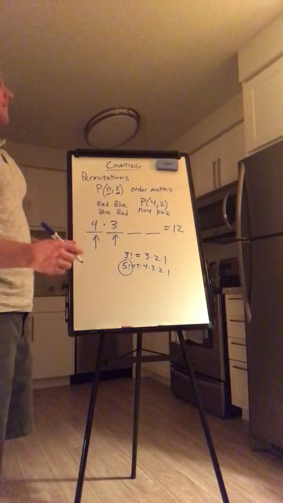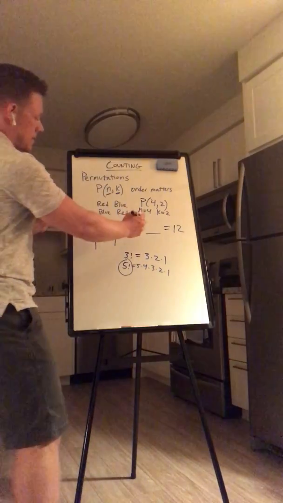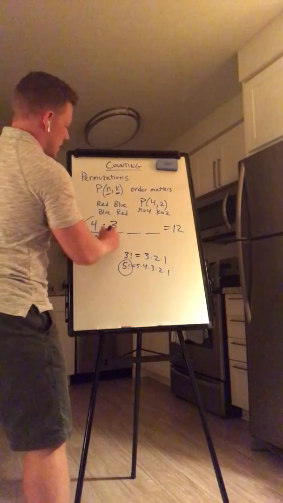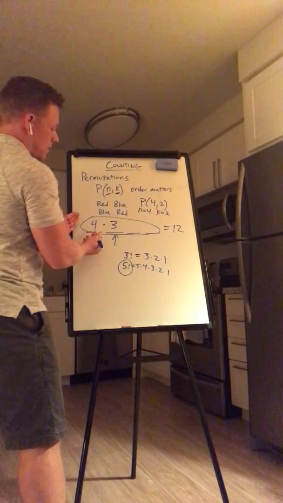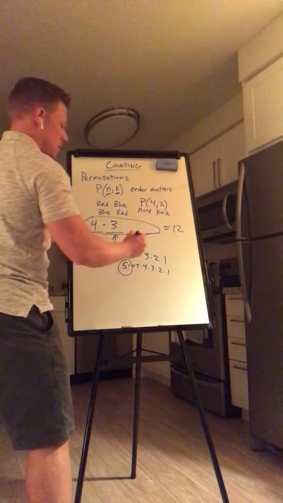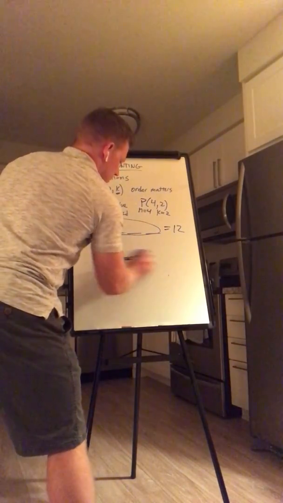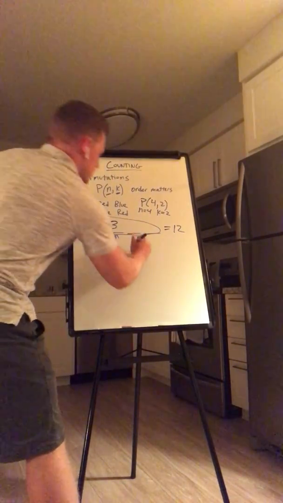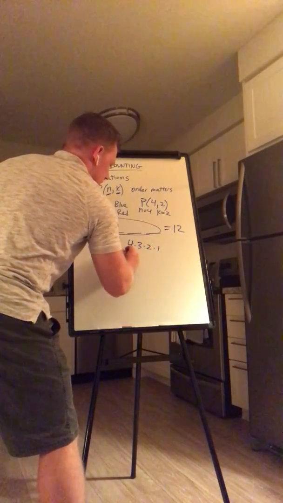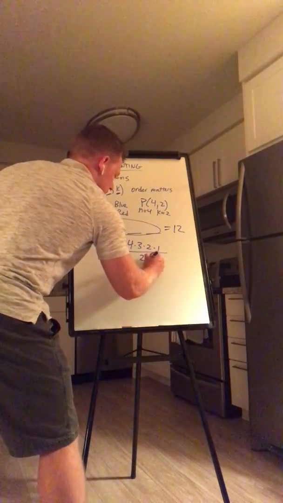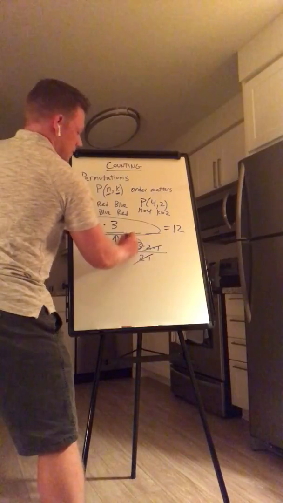But we want to generalize that for any n and k. So if you think about it here, all we really did was we took 4 factorial, which was 4 times 3 times 2 times 1 divided by 2 times 1. Because that cancels, and we're left with 4 times 3.